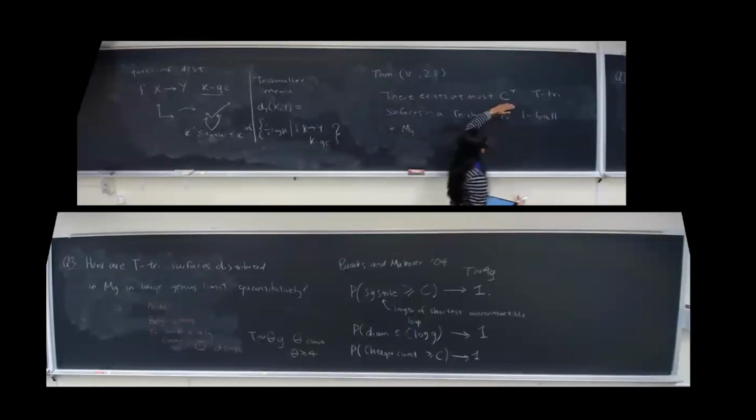Here, C is a constant that is independent of everything. It's like 100 or something, or maybe more than that. Just like all of those constants, it is also supposed to be independent of D and P and everything.